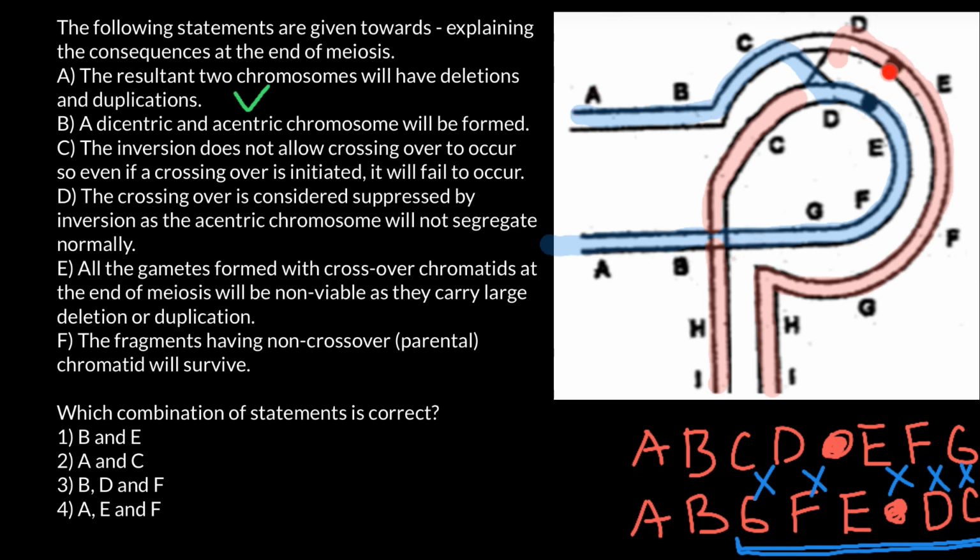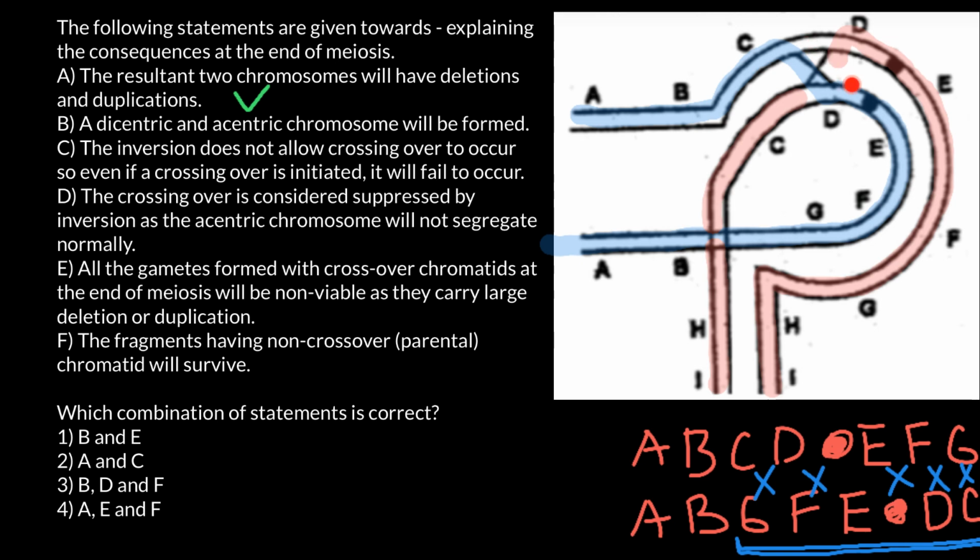If this centromere were outside of this region and crossing over happened within such region, then we would see that one chromosome would have 2 centromeres and another chromosome wouldn't have any centromere at all. So now variant C, the inversion does not allow crossing over to occur, so even if crossing over is initiated, it will fail to occur.